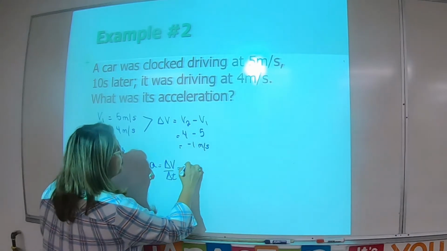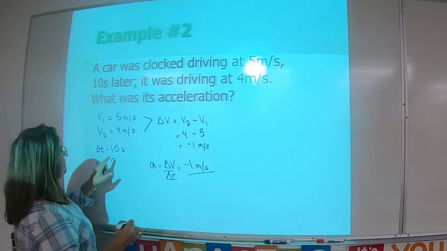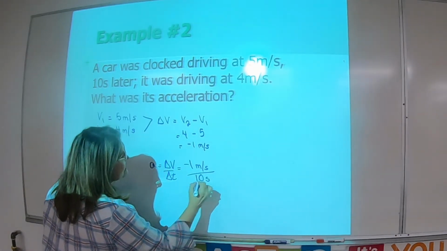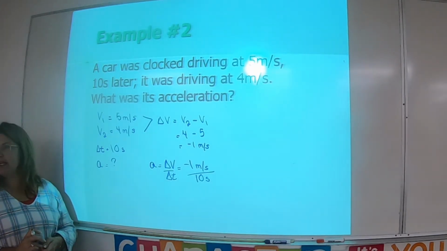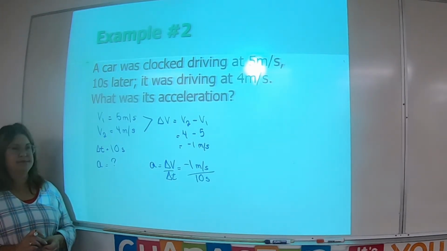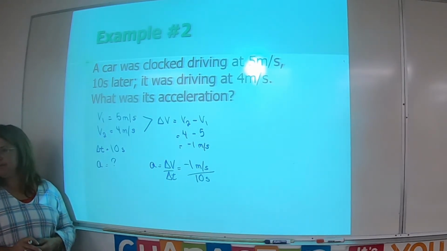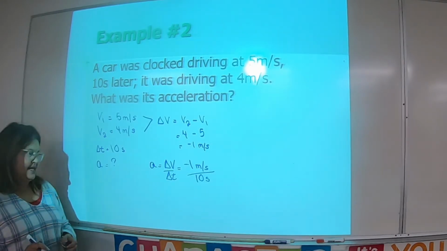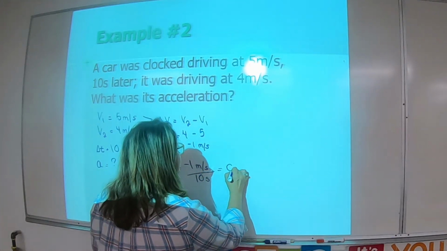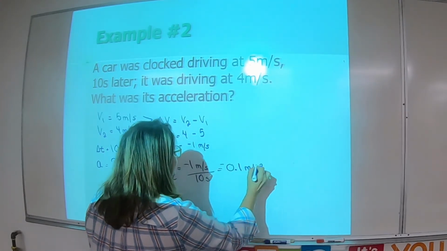So I'm going to have negative 1 meters per second over 10 seconds. I got negative 0.1. Okay, so what should we get? Everyone give that a try. Negative 1 divided by 10. Yeah, negative 0.1 meters per second squared.